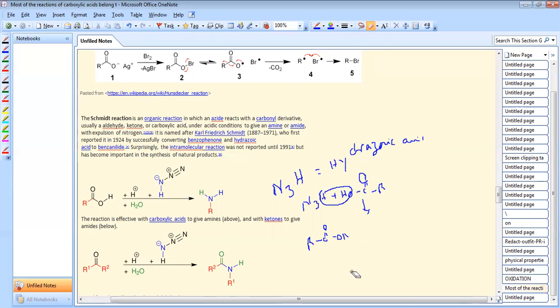Directly we can write N3, but it is difficult to understand during the mechanism. So this is N double bond N double bond N, which will get a negative charge and a positive charge. So we may get this product.